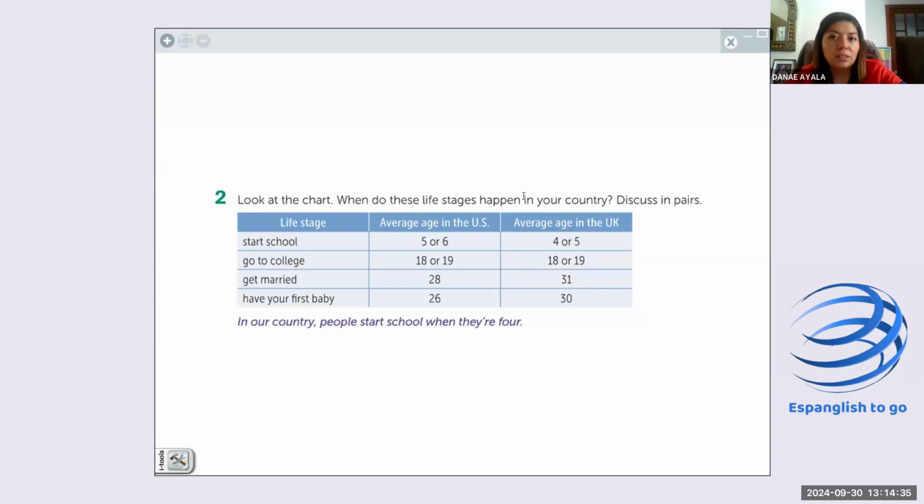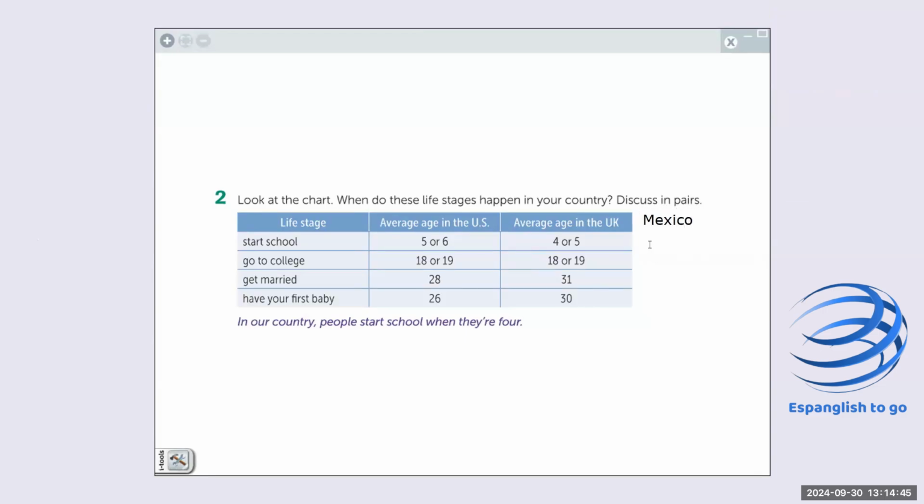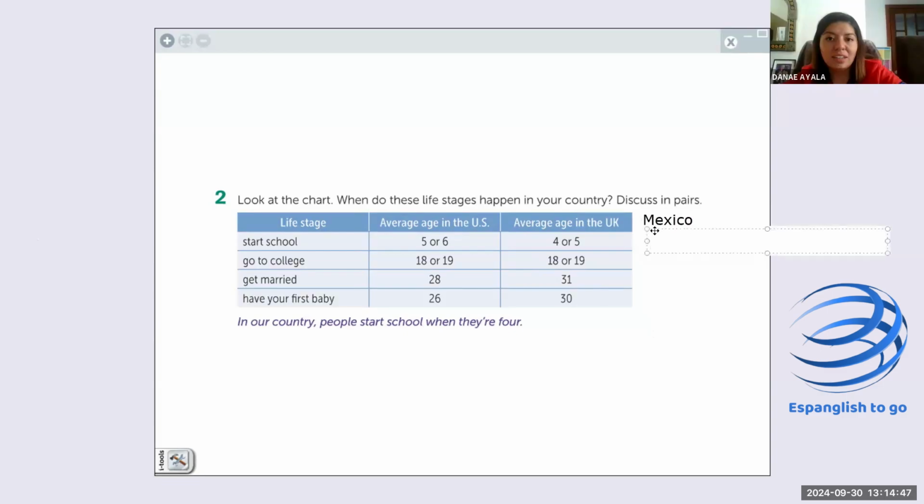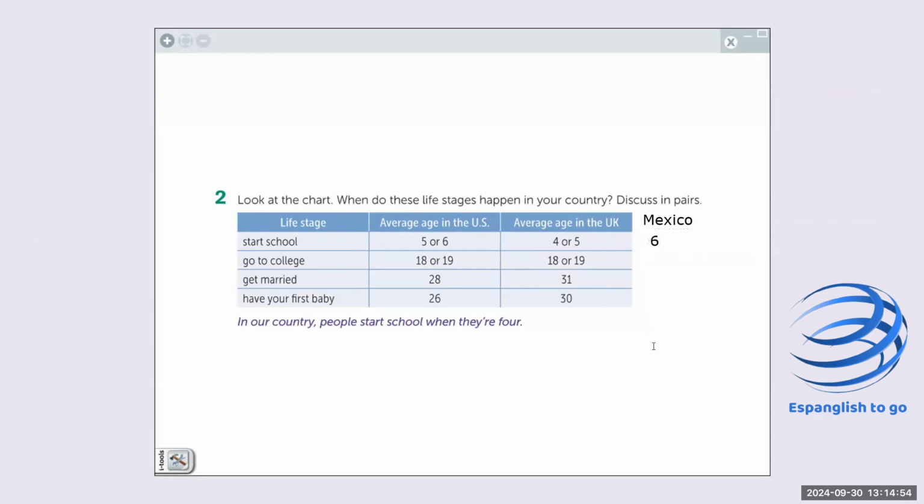Okay, now let's talk about Mexico. What's the average age to start school in Mexico? 6 years old, because we usually start elementary school at 6.